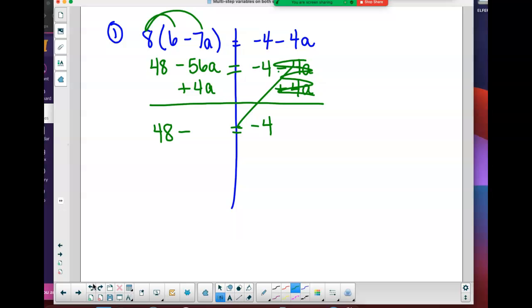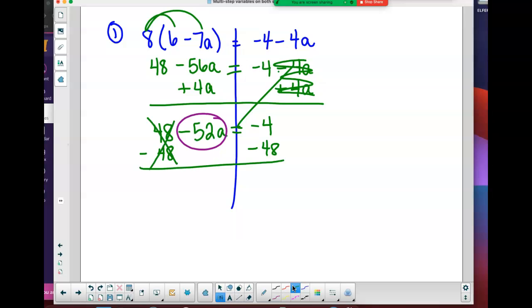So minus 52a. Now we circle the variable and its best friend. We have to get rid of the 48. So put minus 48 on each side. Cross that. We have negative 52a equals negative 52. Last step, divide by negative 52. So a equals 1.